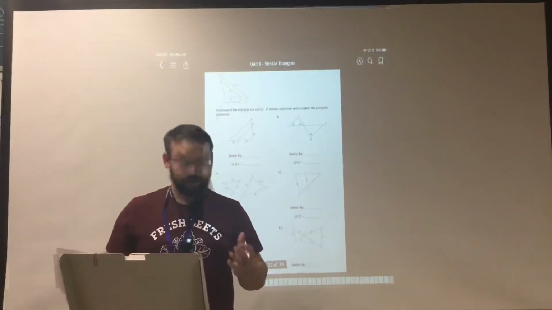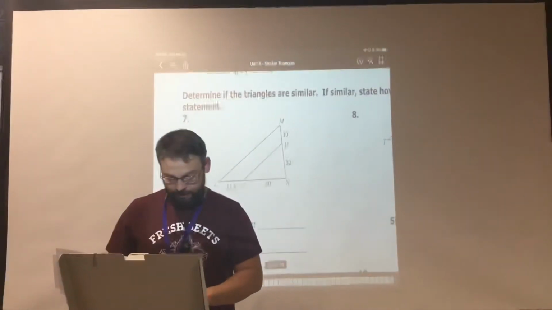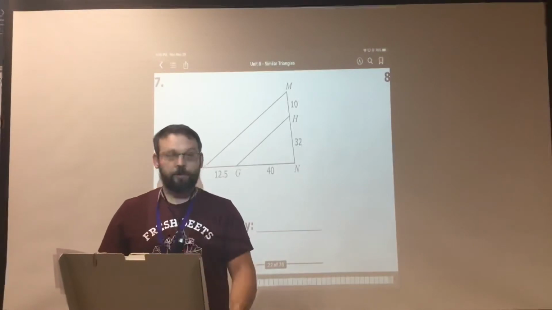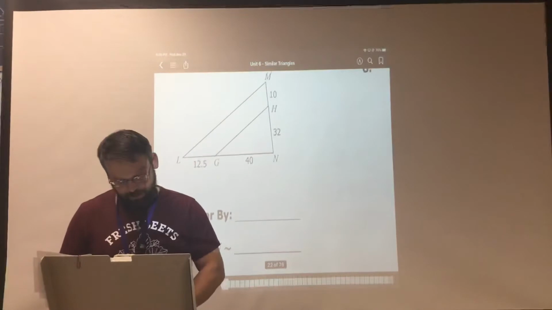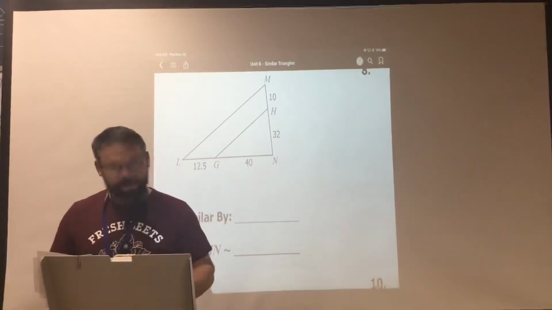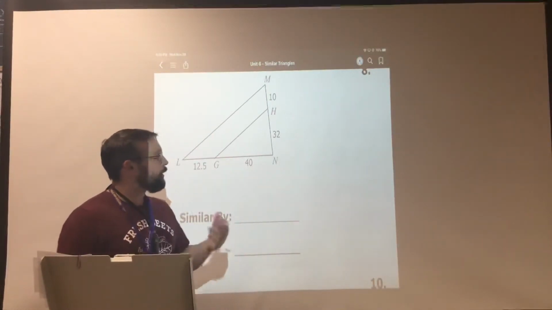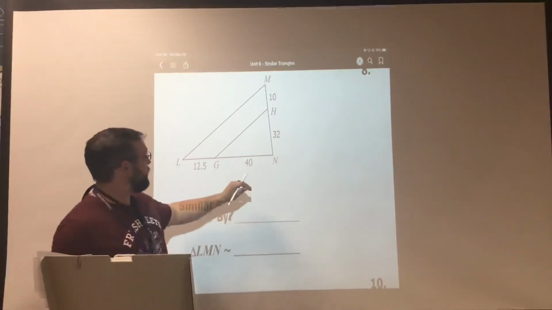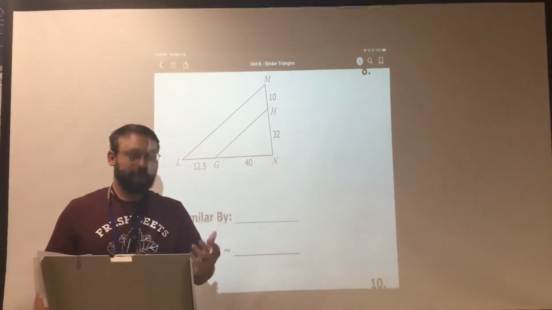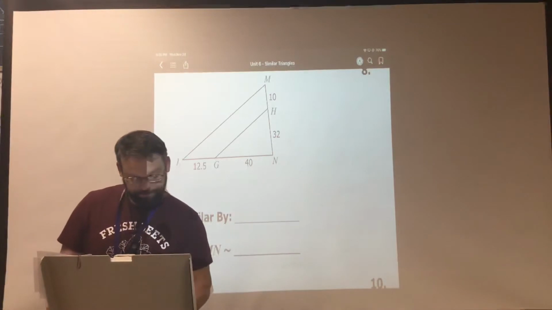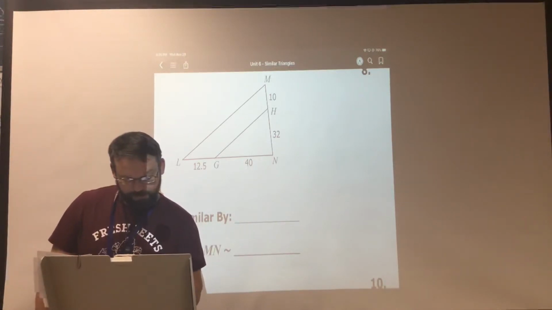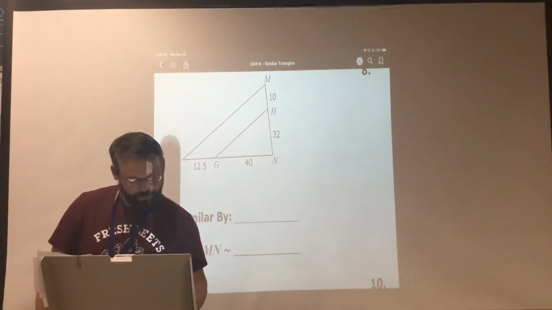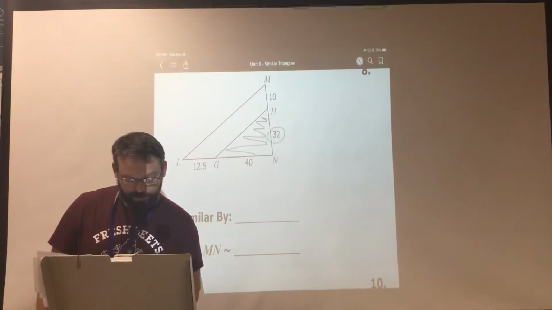So I'm actually looking at your quiz that you took the other day. If I was going to test this for similarity, there's actually a couple of ways I could do this, but the way that I've showed you is, I have this little bitty triangle whose side is 32.